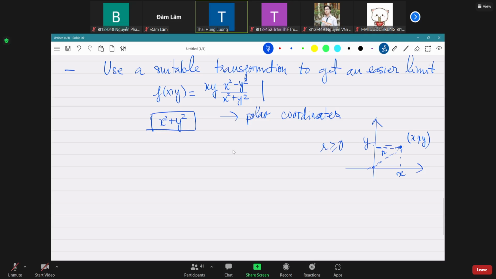From the geometry, we can easily find x equals r cos phi, where phi denotes this angle, and y equals r sin phi. That means we have changed from the normal coordinates to polar coordinates. This is a one-to-one identity.